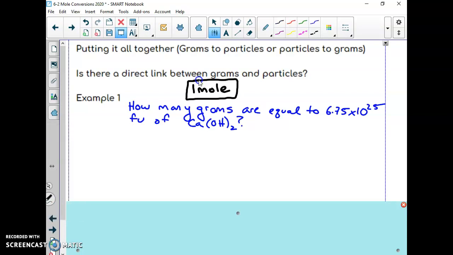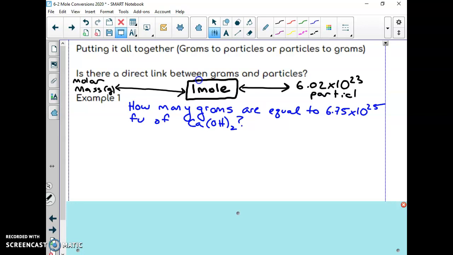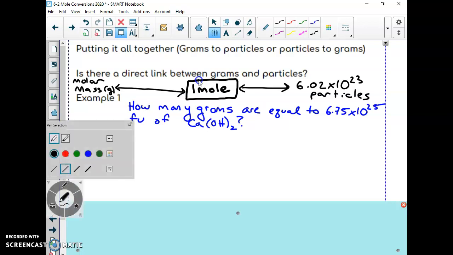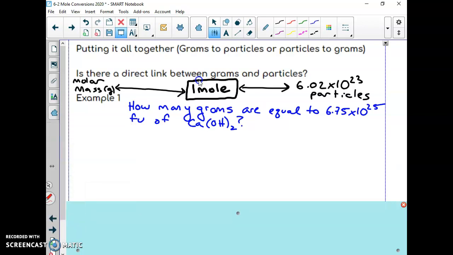That might have been molar mass in grams, or in terms of number of particles, Avogadro's number of particles. But either way, we've related these both to moles. And the reason this idea is important is that it's going to show up in these problems.